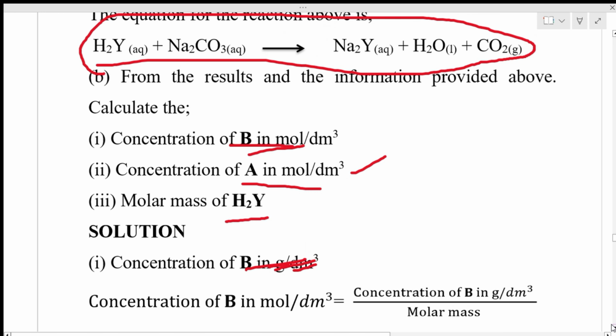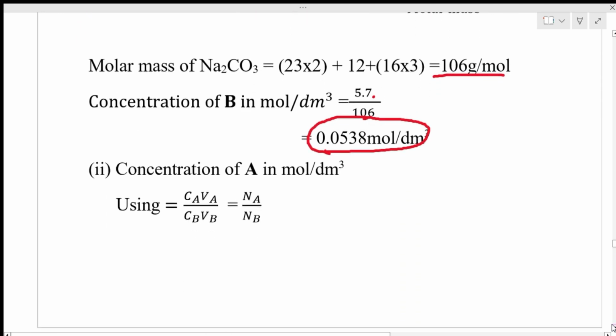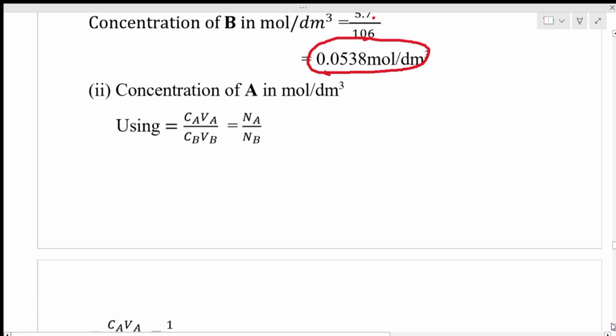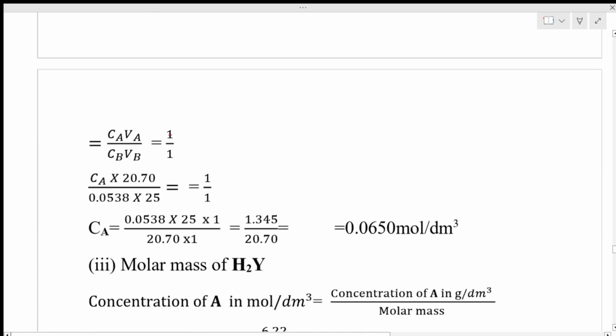Now you have to calculate the concentration of A in mole per dm³ using Kavar. When you use Kavar, you're going to have 1:1.